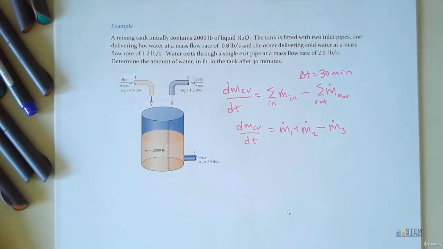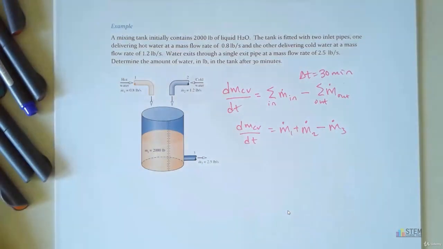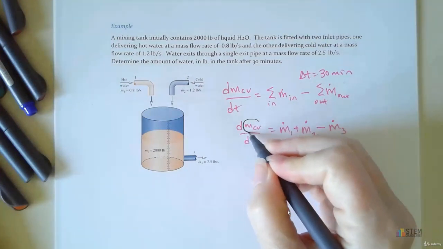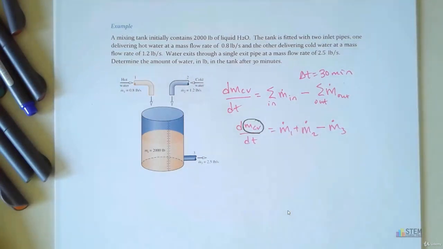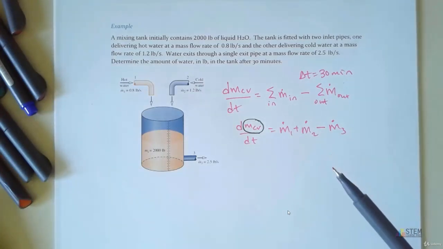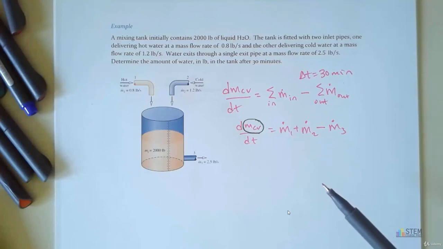Now we want to know the mass of water in the tank after 30 minutes. That means the value we are looking for is this right here. We want m_CV. That's what we are looking for. So now if you look at this problem, can you kind of figure out how we might do that?